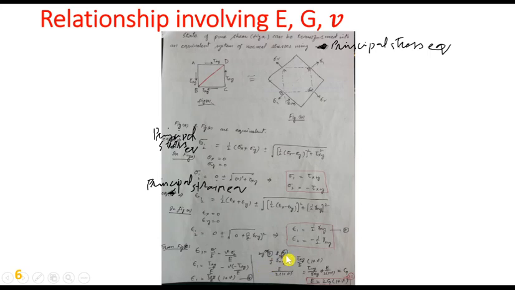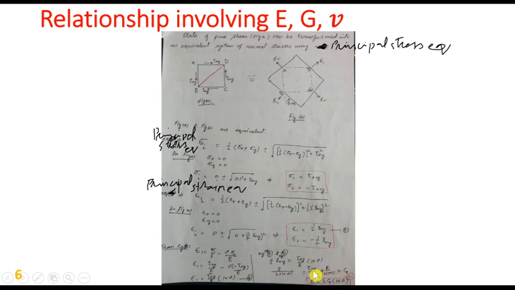By P and Q, when you equate epsilon 1, and put the value of epsilon 1 from P in this Q equation, you will get 1/2 gamma xy equal to tau xy over E into 1 plus mu.